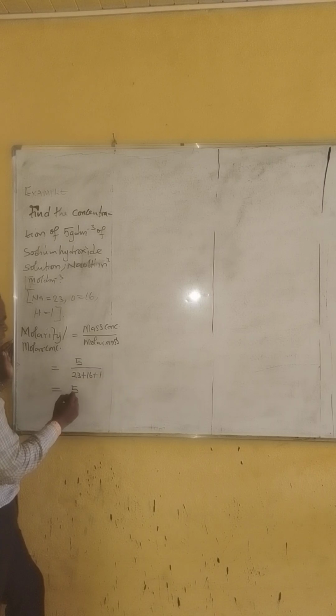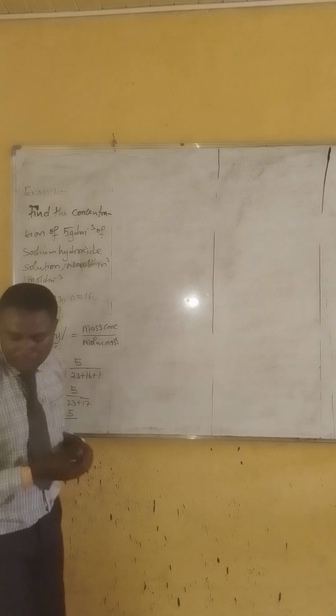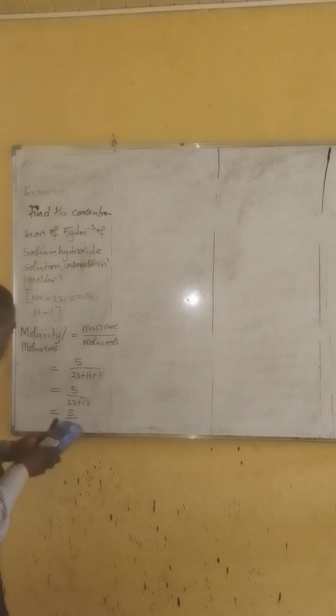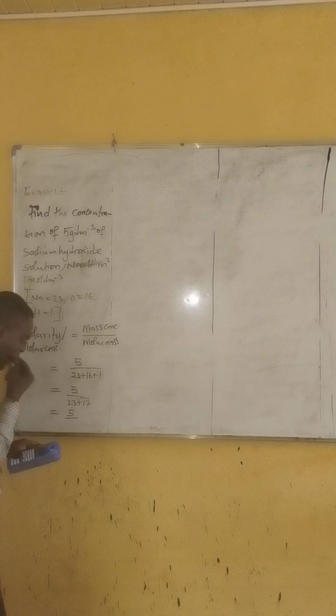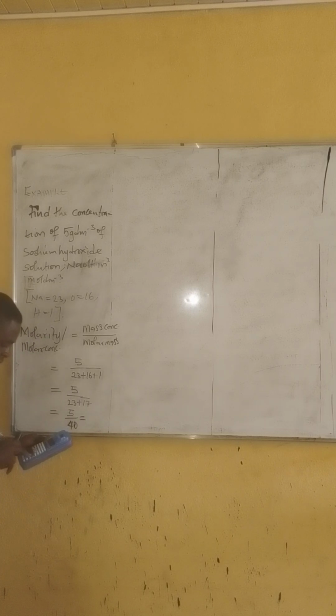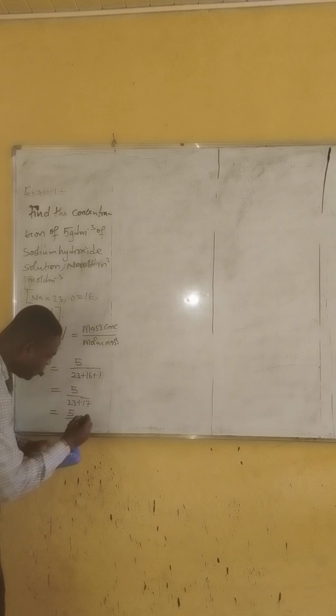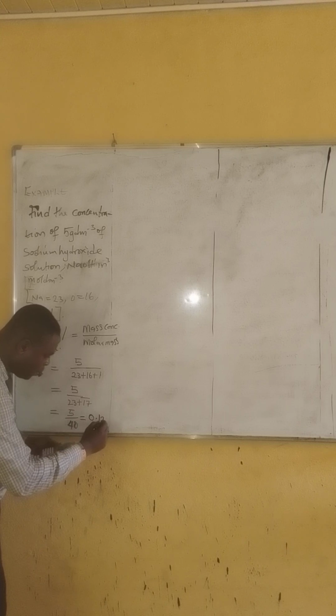So this gives us 5 over 23 plus 17, which is 40. So we have 5 divided by 40. The answer is 0.125 mole per dm³.